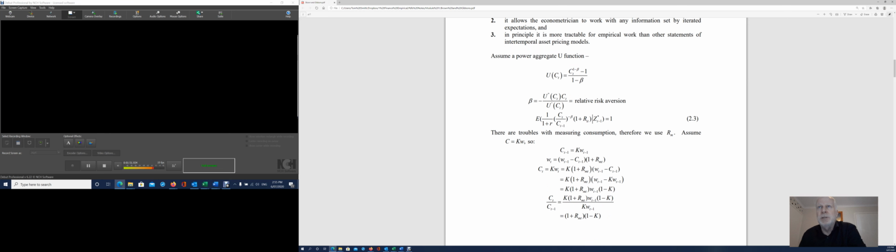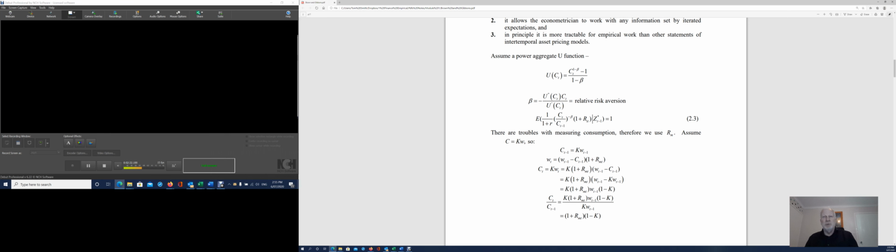So we're testing this. There are problems with using consumption because it's hard to appropriately measure consumption. So they're going to make an assumption here that consumption is a constant proportion of wealth. So consumption at T minus 1 is a constant K times wealth at T minus 1. So wealth at T is what wealth is left at T minus 1 after consumption, and it earns a market return.